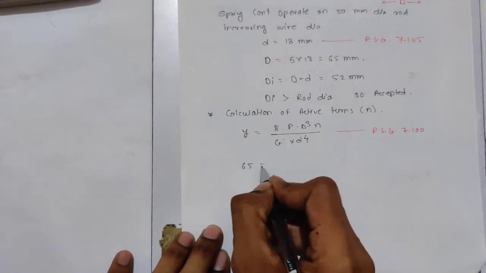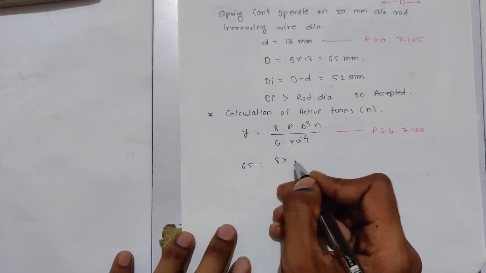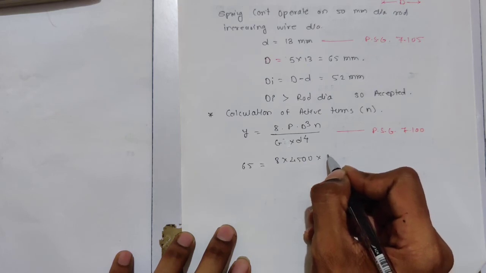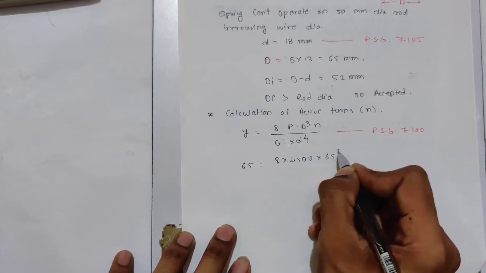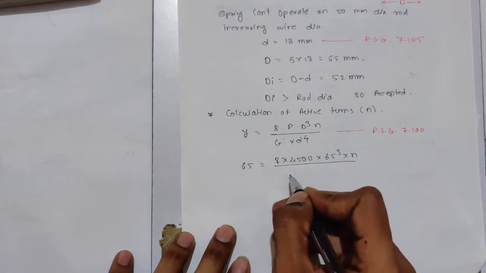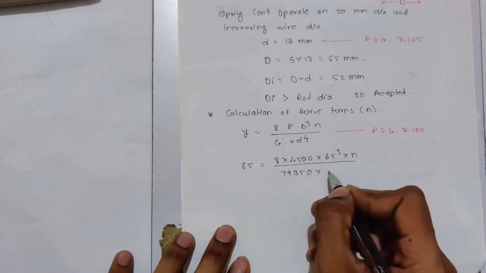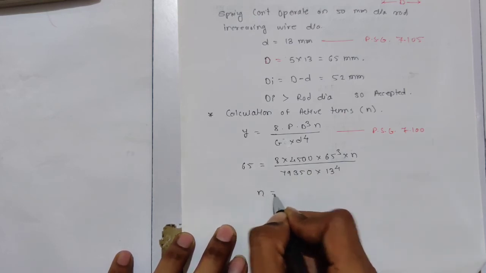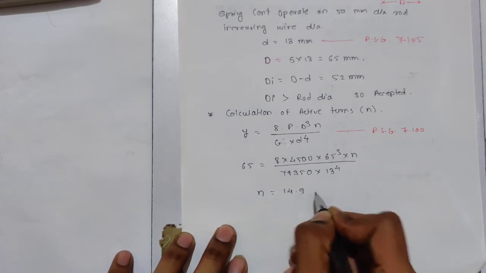So what is y? 65 is equal to 8 into P, given as 4500, into D, which we got as 65 cube, number of turns we have to find, upon G, given as 79350, into d, which we found out as 13 raised to 4. So from this N can be calculated as 14.9.